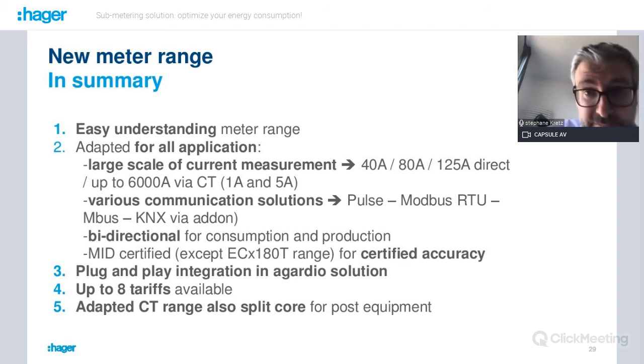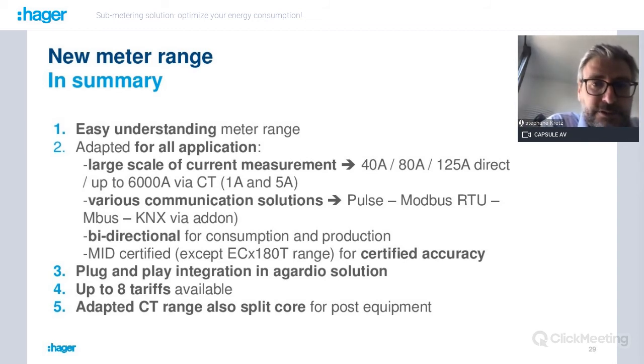Single phase and 3-phase. Okay. Various communication possibilities: Modbus RTU, M-bus, KNX via add-on. Bidirectional for consumption and production. MID certified for the accuracy. Plug and play for the Agardio solution, so easy to connect.